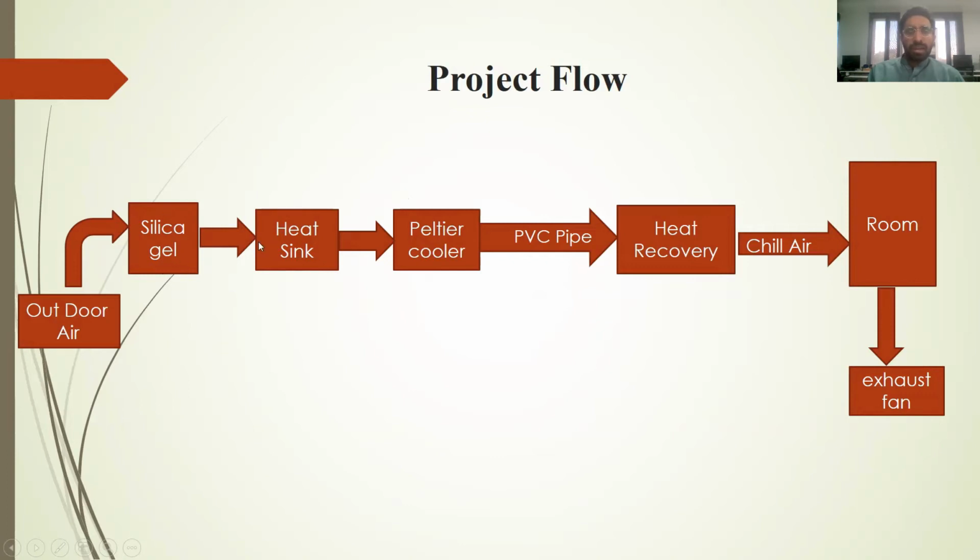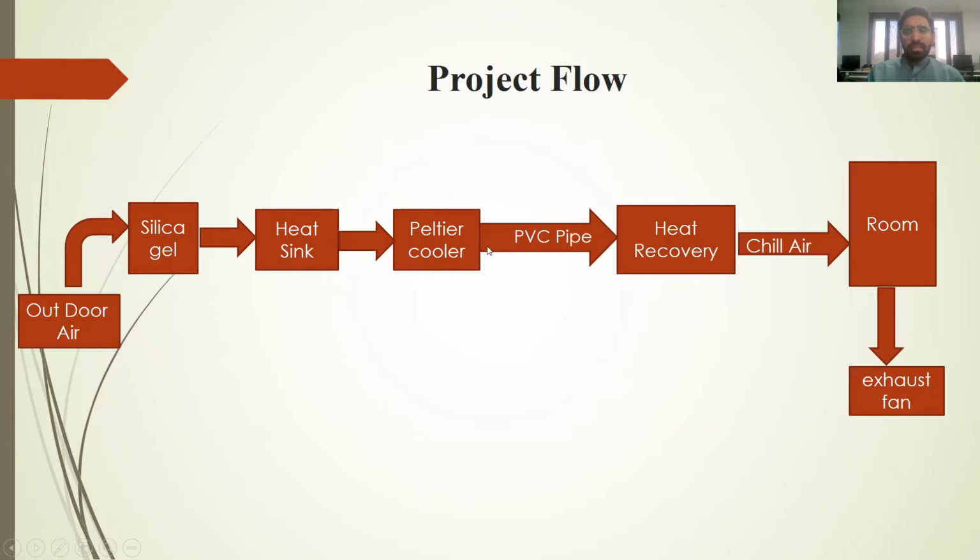The dry air then passes through the heat sink, and the heat sink recovers some heat and cools down that air. The cool air then passes through the Peltier cooler, and the Peltier cooler tries to reduce the air temperature up to the human comfort level.